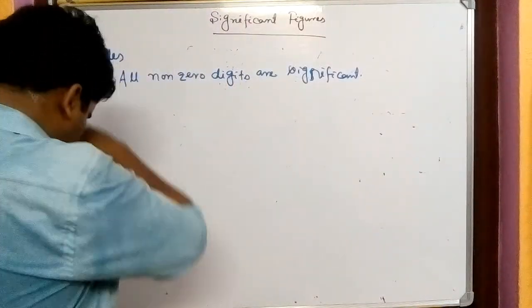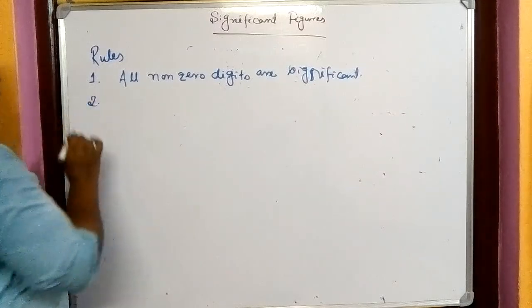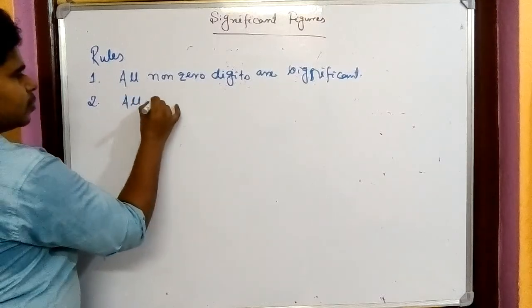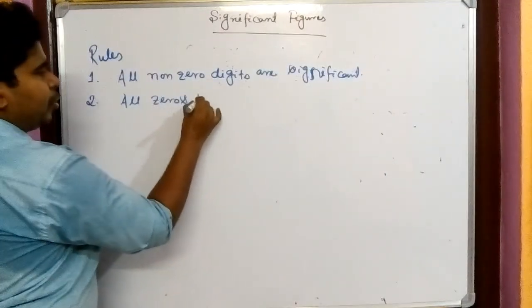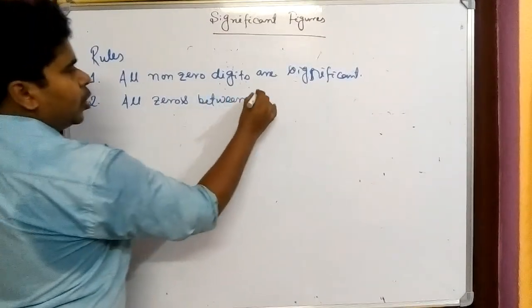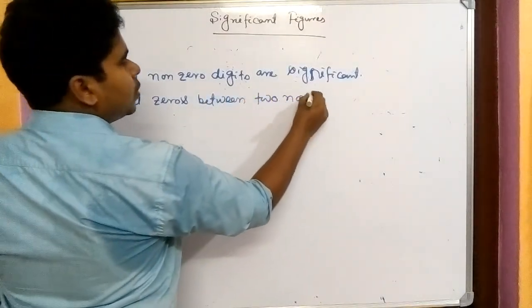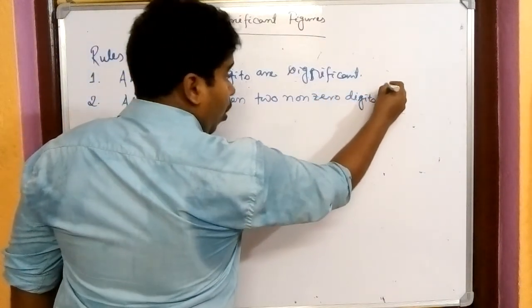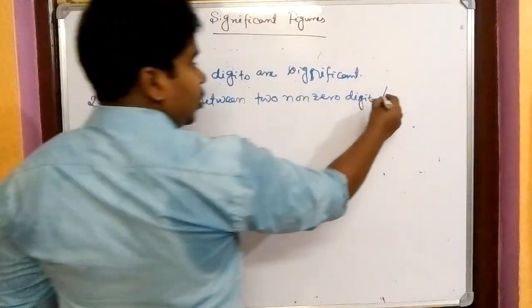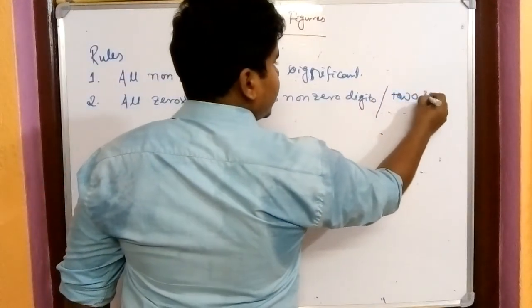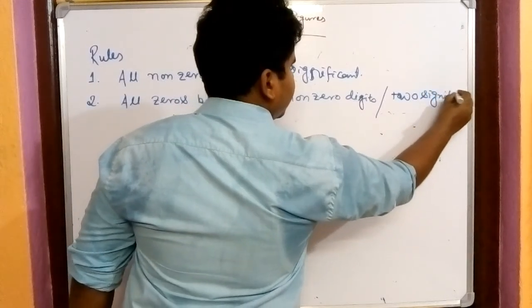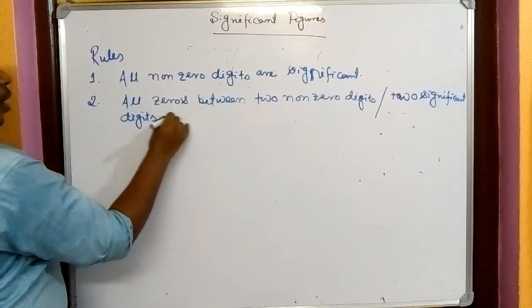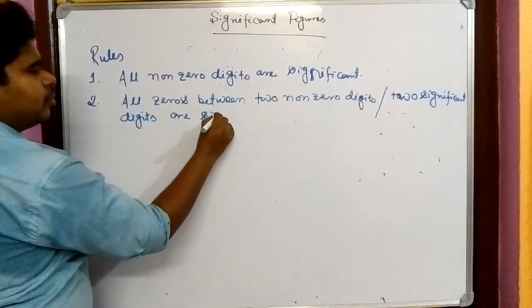Rule number 2. The problem is made by the zeros only. It says all zeros between two non-zero digits, or two significant digits, are significant.